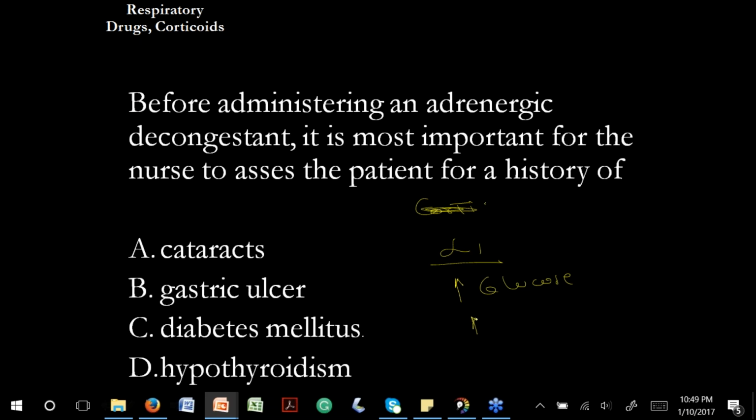It is going to increase lipolysis and triglycerides, but I want you to remember only the glucose. The glucose is going to be increased with alpha. With corticoids too, as we are going to see later, corticoids produce gluconeogenesis and increase the glucose. So be careful with diabetic patients using decongestants, especially those containing phenylephrine or alpha-1.